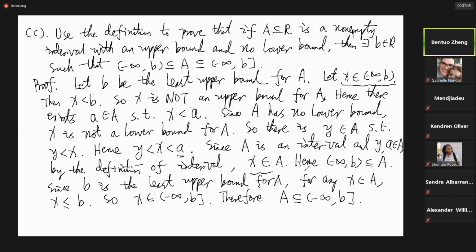So you can see this is very similar to B, except you use the condition that A has an upper bound but no lower bound.